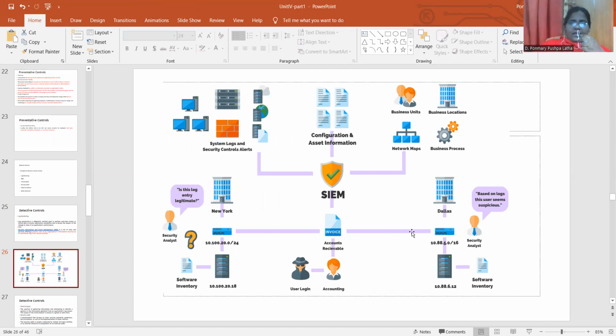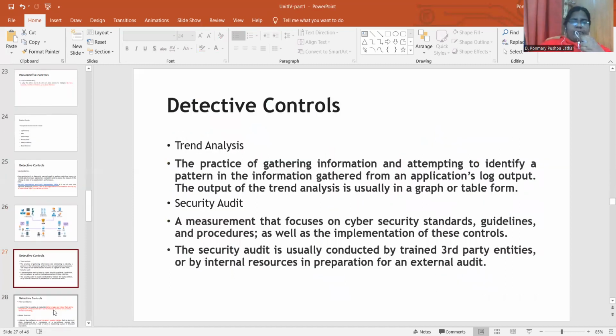Here one security analyst is there, here another security analyst is there. So like this, we have a set of services and a set of tools.